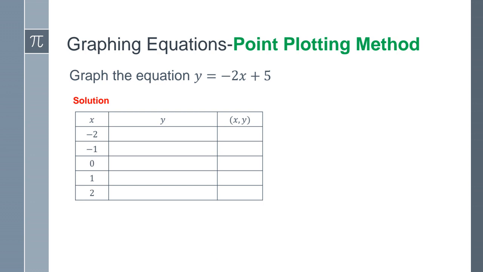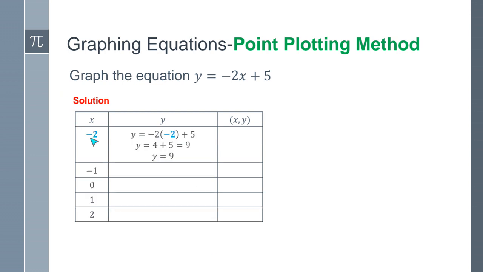Okay, so here we're going to take -2 and plug it in for x. So we have -2 times -2 plus 5. If we simplify, we get 4 plus 5, which is 9. So when x is -2, we get y equals 9, and that creates our ordered pair, -2 and 9. Then we do the same for the other values.